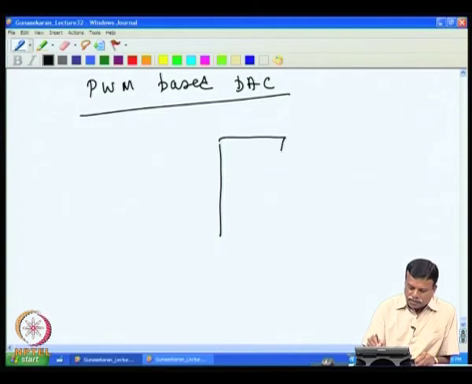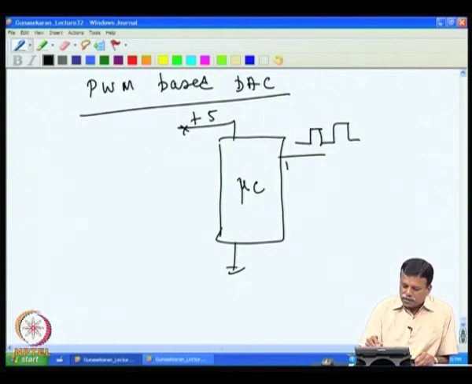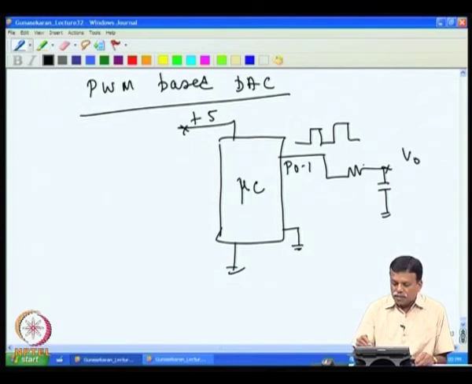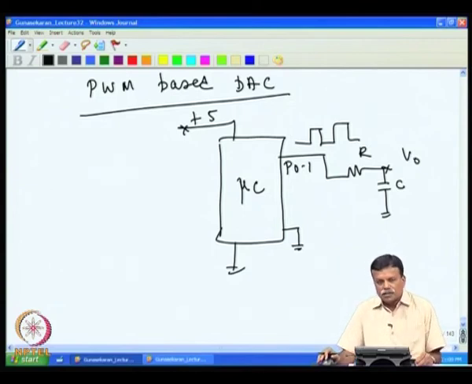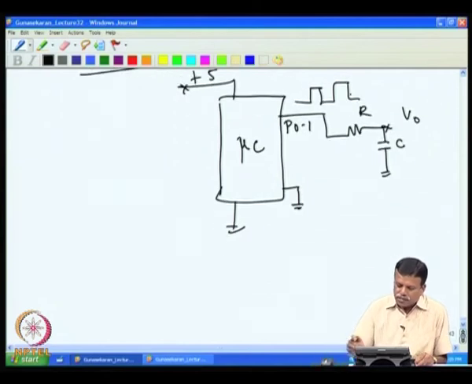For example, if you have a microcontroller, and the output is connected to PWM, say port P0.1, then this output can be converted into V0 by suitably filtering the pulse width.